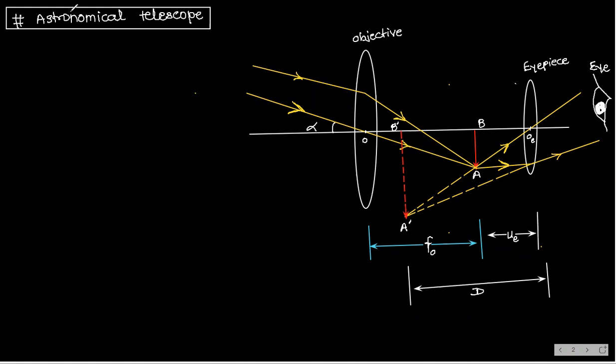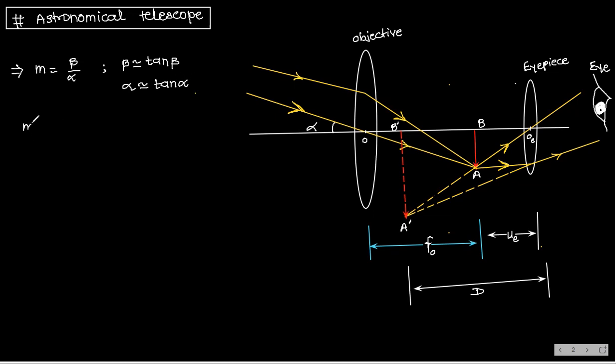Now, as usual, let's find magnifying power. So magnifying power m is equal to beta by alpha, same like compound microscope. And as these angles are very small, beta is nearly equal to tan beta and alpha is nearly equal to tan alpha.